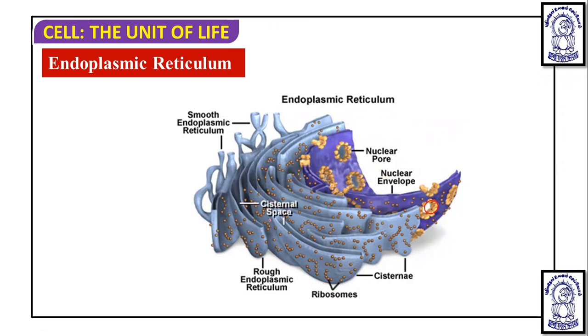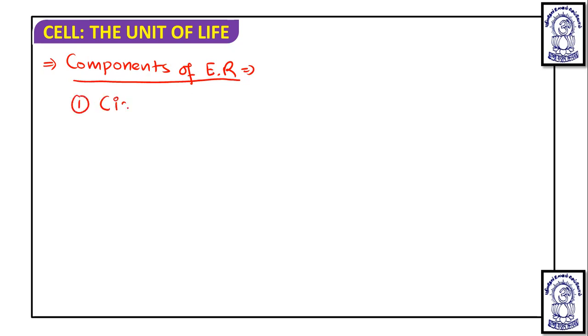This has a cisterna. Now, if we talk about the components of the endoplasmic reticulum, number one is the cisternae.